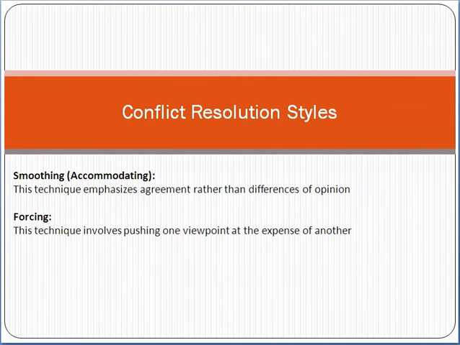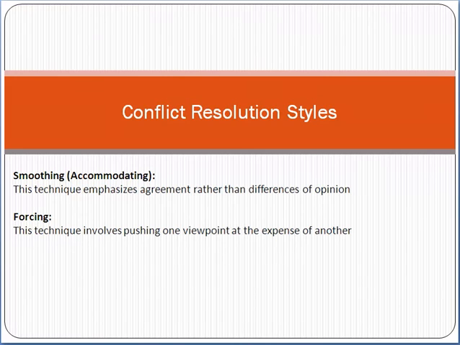Smoothing means, friend, that you emphasize agreement rather than difference of opinion. Take the same example of the territory, that two countries think that the same territory belongs to their country. If you take an accommodating or smoothing approach, what you have to do is write down a list of the things which are agreeing points, positive points at which both parties can agree, and list down the difference points at which both parties cannot agree.